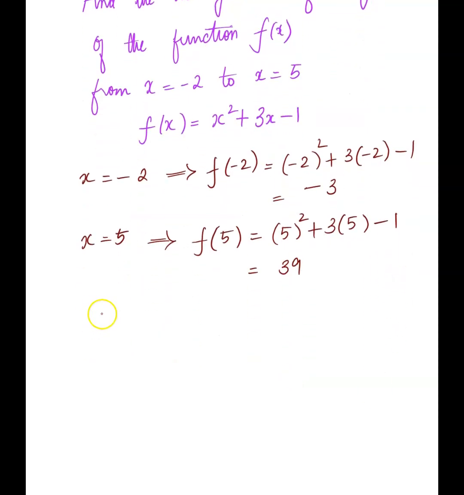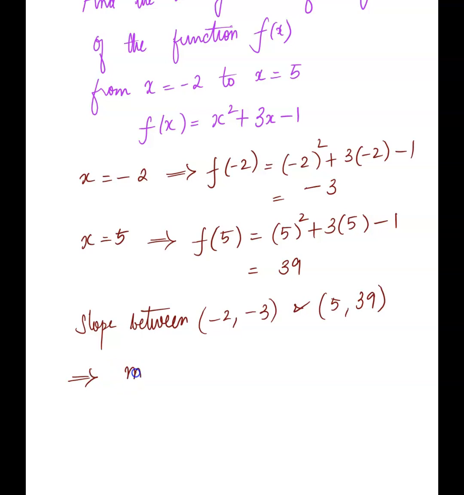So I would have my coordinates, okay, slope between -2, -3 and 5, 39, right? This would be the slope of the secant line because it's between 2 points. So it implies you're not finding m tan, you're basically finding m secant.